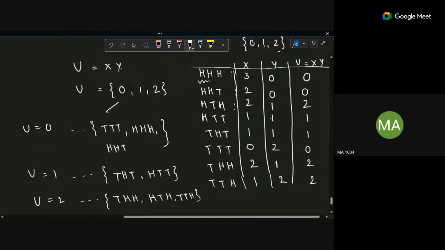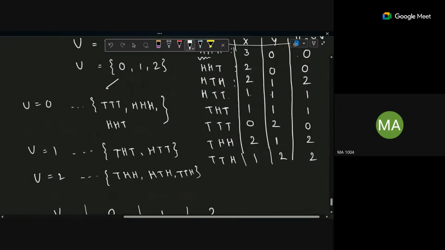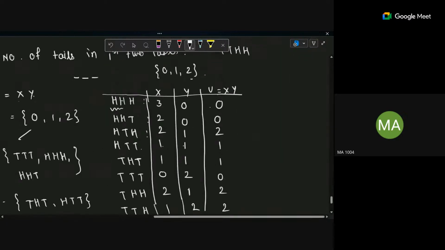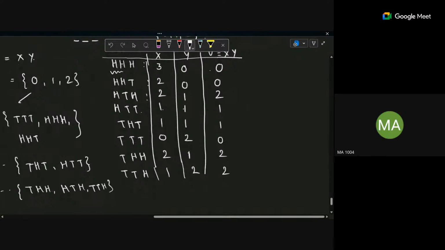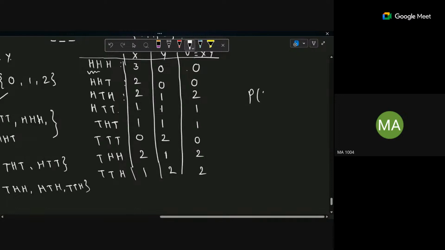In this particular case, I have stressed much on how you will find that your value U will take 0. So here you first choose that U has to take 0, and then you work out what the possibilities are. If you toss a coin 3 times, these are the possibilities, this is the value for X, this is for Y, and this is for U. Now you want to calculate the probability that U is taking 0.